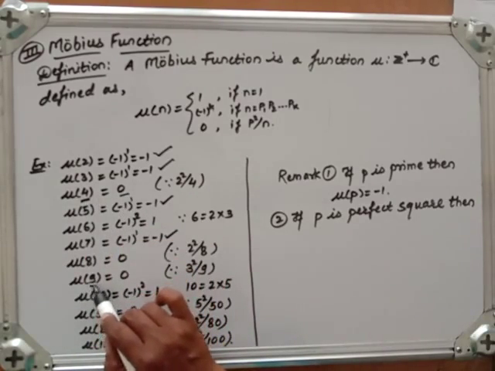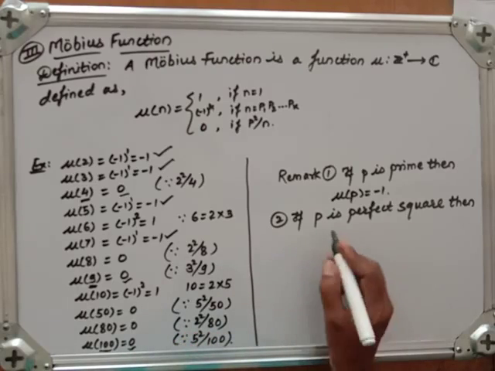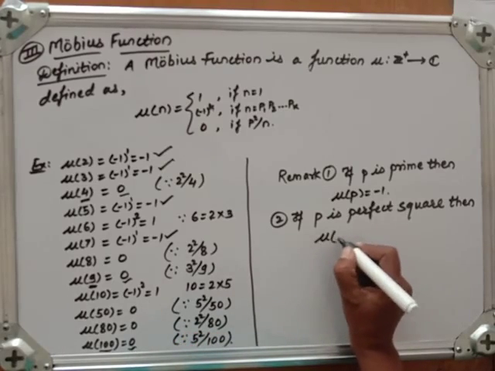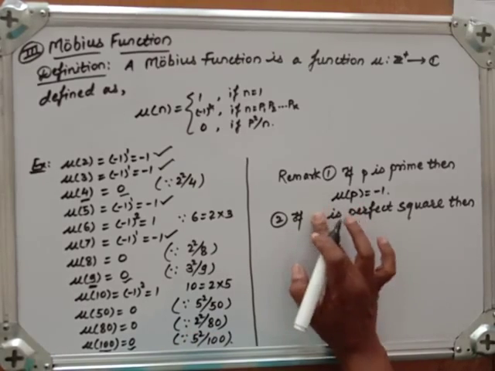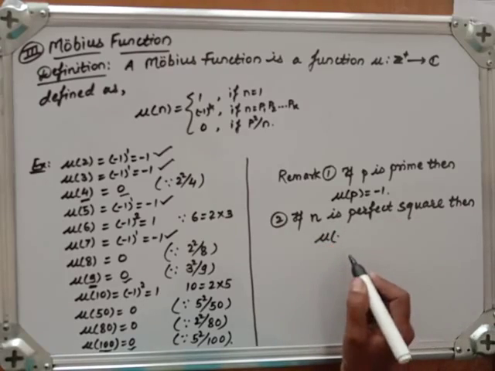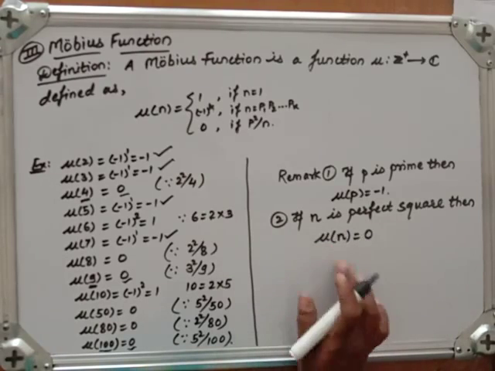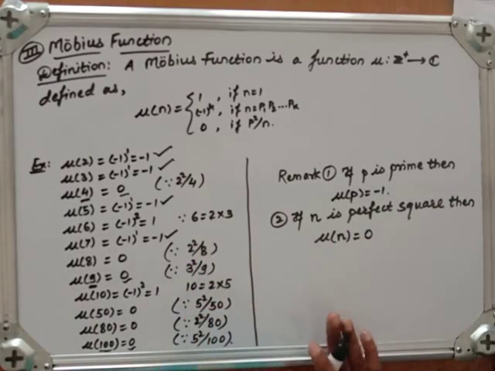Then 9 is a perfect square number, it is 0. 100 is a perfect square number, so its Mobius function is 0. So if n is a perfect square, then mu of n is equal to 0. So these are the remarks we can see from these examples.